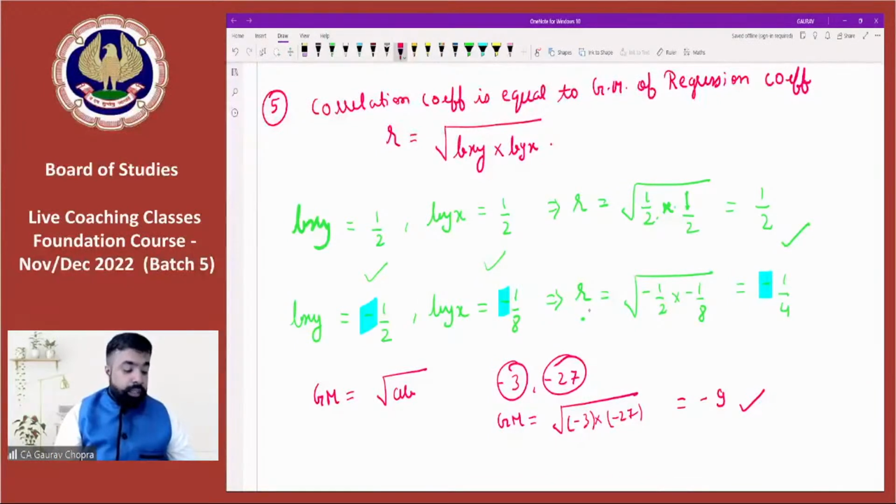Right. Then Avinash is asking, what if bxy is positive and byx is negative? So this is not possible. Both must have the same sign. Both regression coefficients must have the same sign.